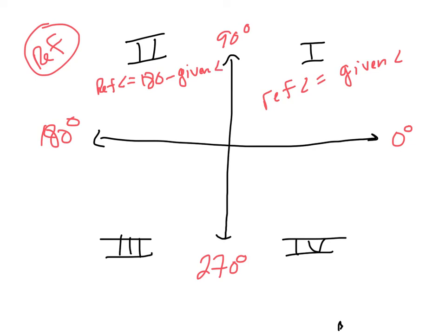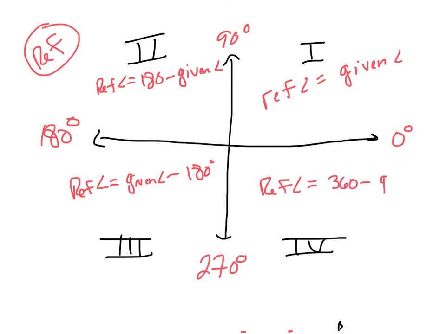Okay? If I'm in the third quadrant, my reference angle is equal to the given angle minus 180 degrees. Okay? And then last but not least, if I'm in the fourth quadrant, my reference angle is equal to 360 minus my given angle.